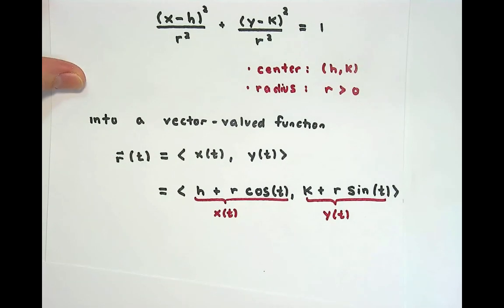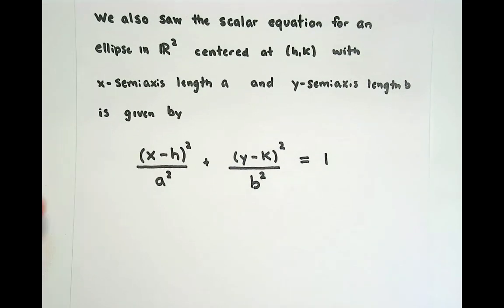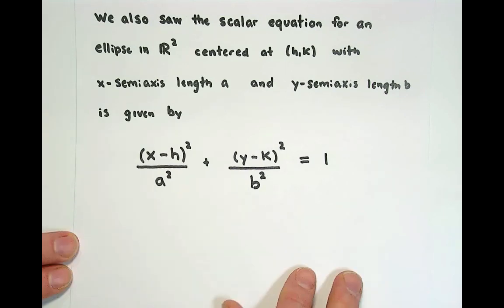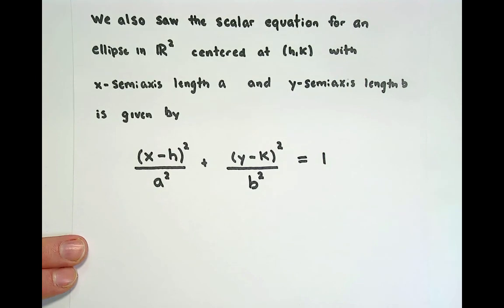We then went on in our previous video to talk about an ellipse, which is an oblong circle, a circle with two foci rather than just one center, which we haven't really talked about.